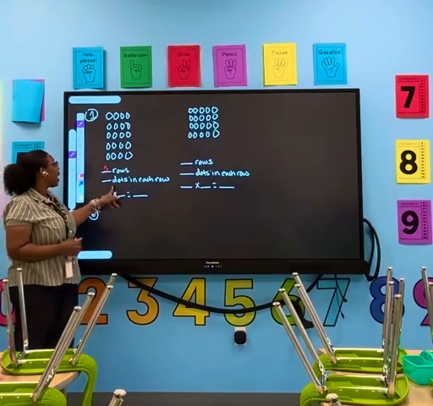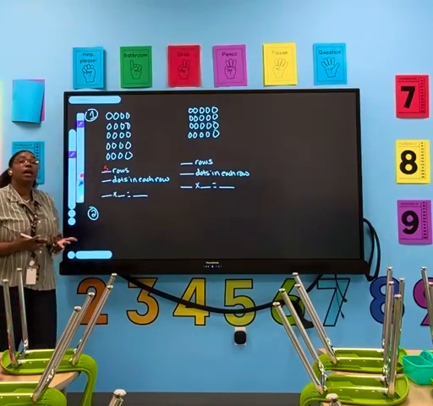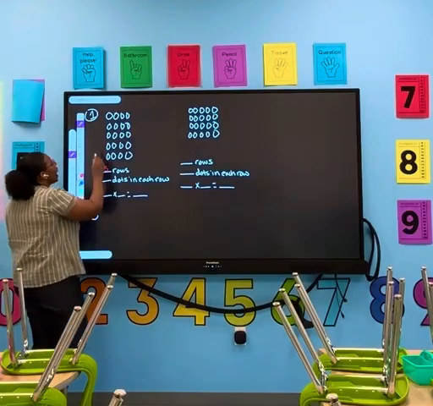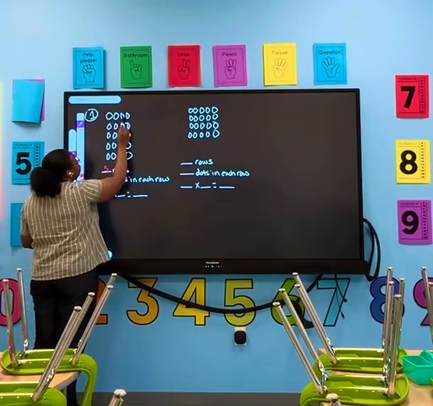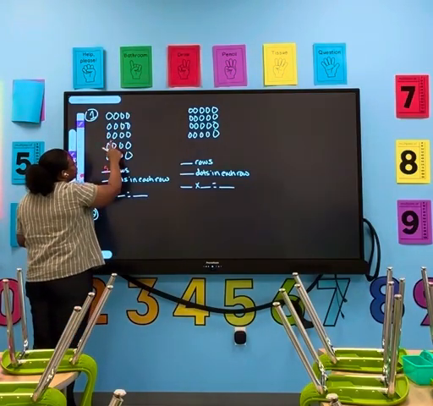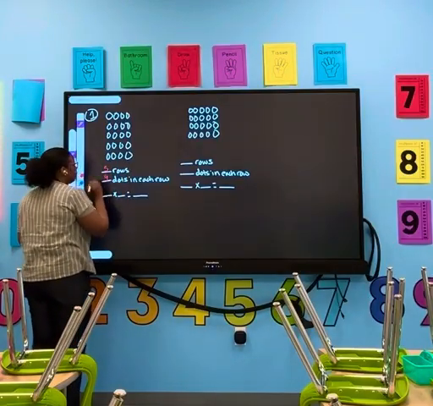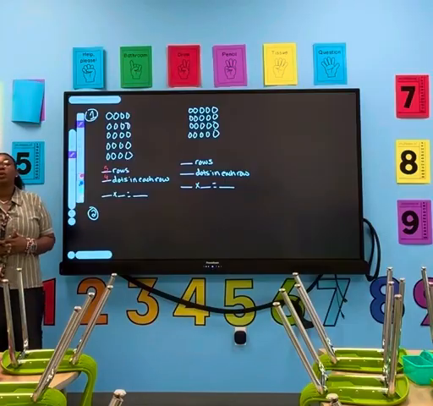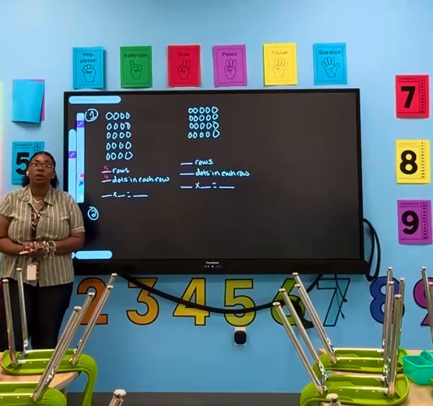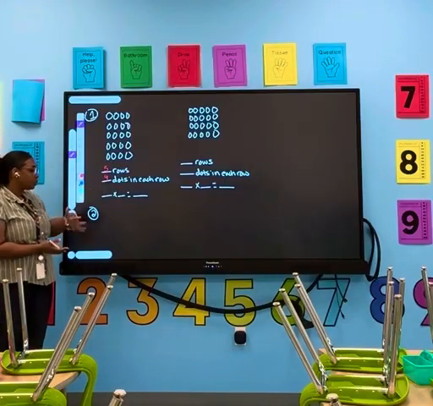Now it says dots in each row, so we're going to count how many we have in each row. I have 1, 2, 3, 4 in each row. If you look at each row, you can see that there are 4 in each row. So 4 goes here.